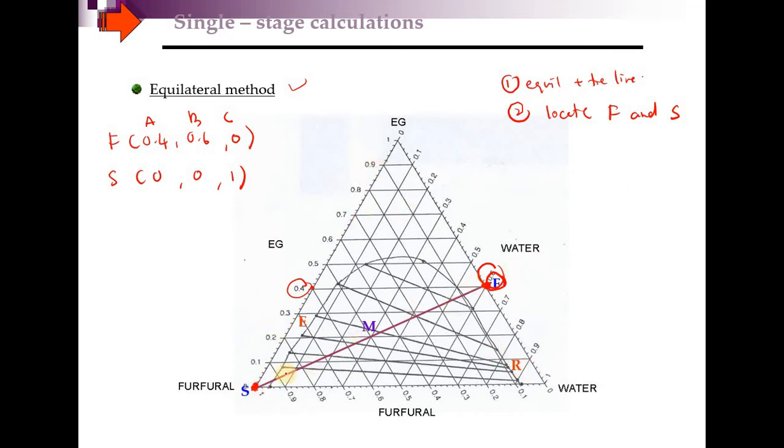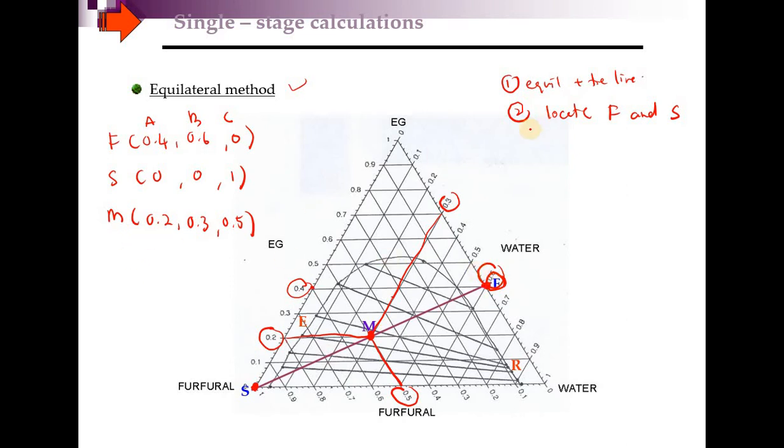You join S and F. You know that M is 0.2, 0.3, 0.5. So the coordinate of M is here: A is 0.2, C is 0.5, and B is 0.3. So M lies on the FS line.